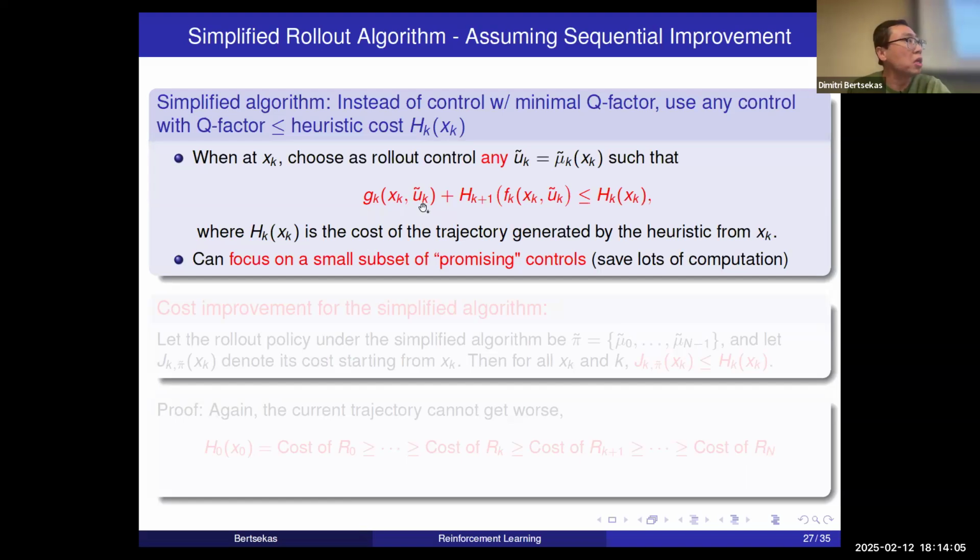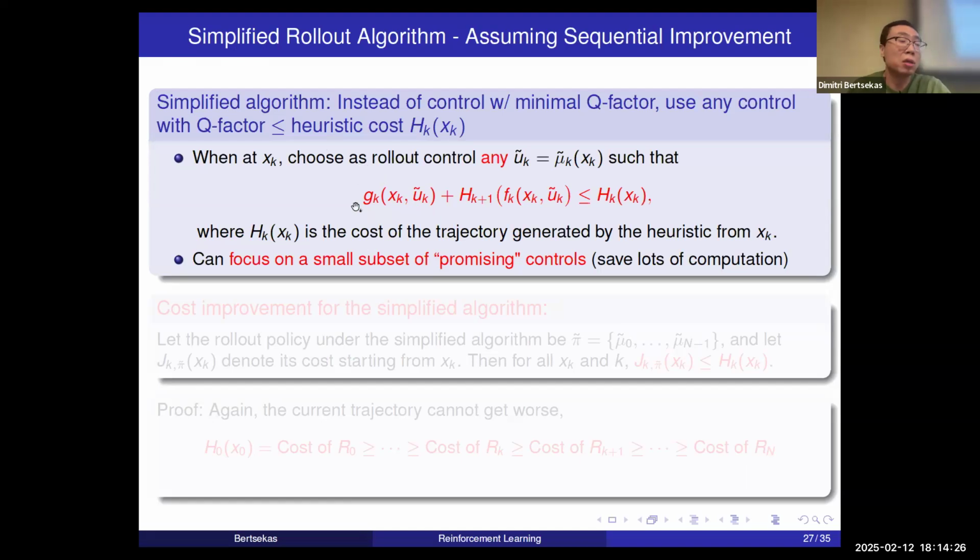Typically, you construct a for loop, enumerate all the feasible controls, and then find the one that attains the minimum of the Q factor, right? Now, to implement this simplified rollout, I suggest two ways that can be done.